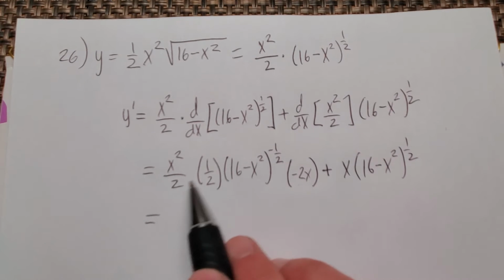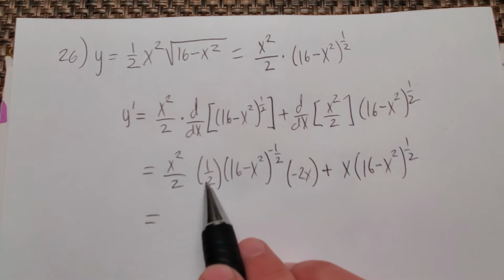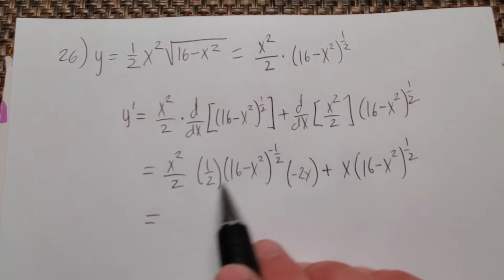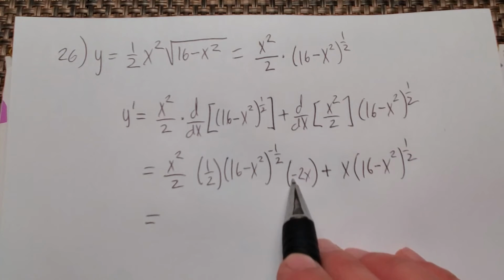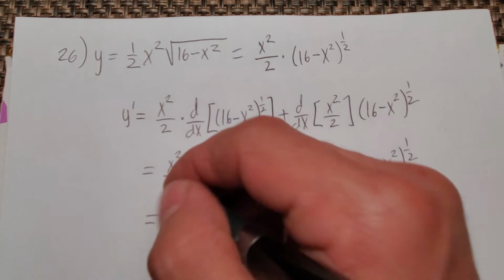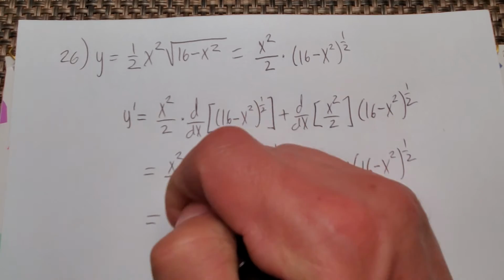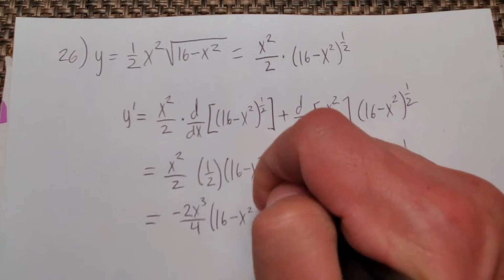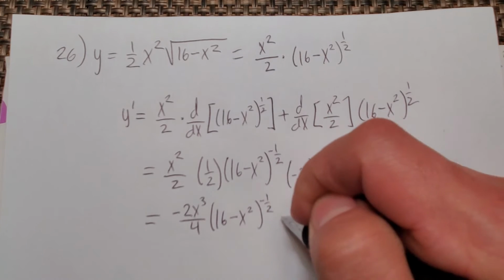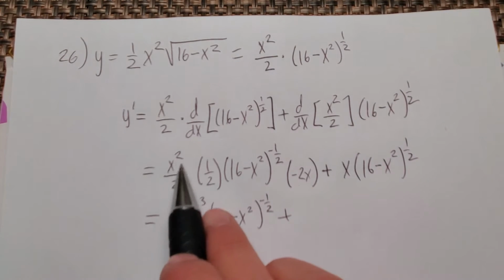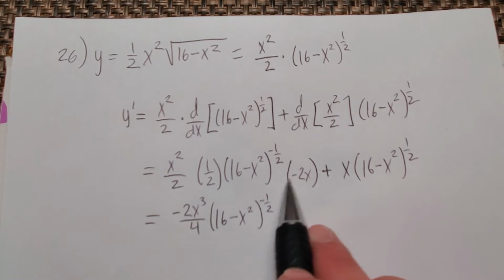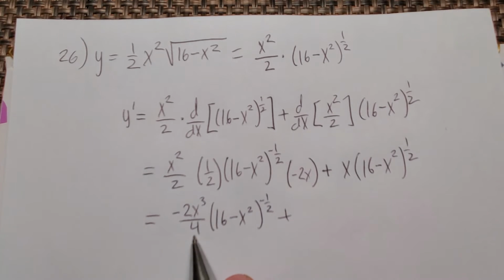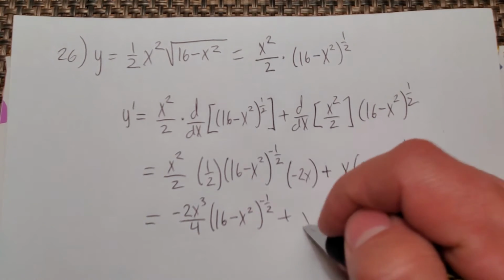So x squared over 2 times 1/2 is x squared over 4, times negative 2x is going to be negative 2x cubed over 4, which we will be able to reduce.